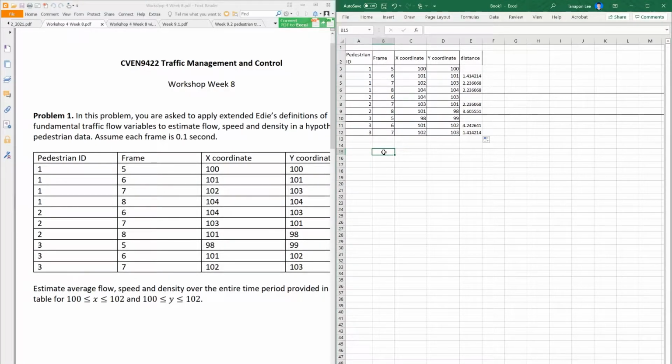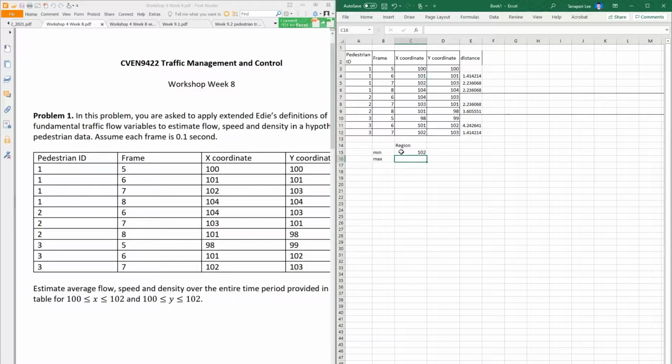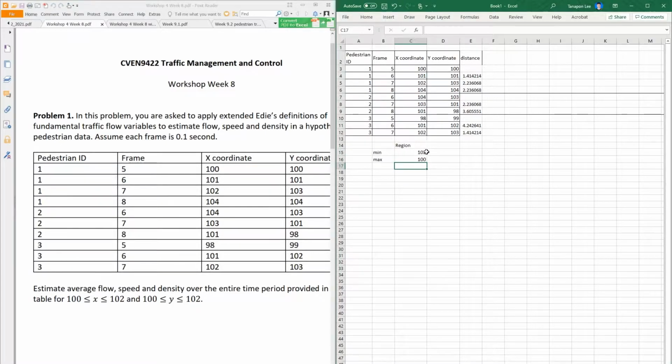So we can say the region has, let's put it like this, min and max for x and y. Min for x is 102, and min for y is 100. Max for x is 102, max for y is 102.